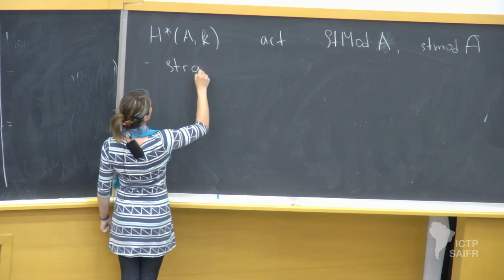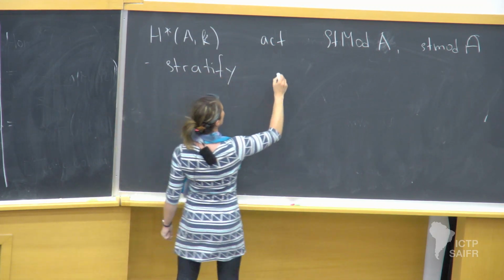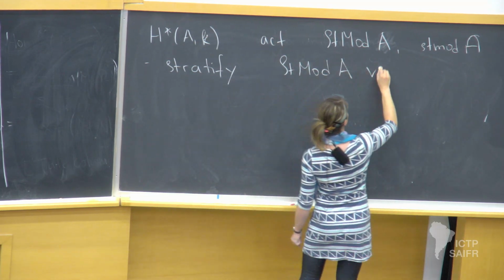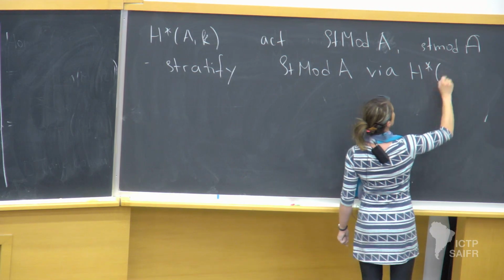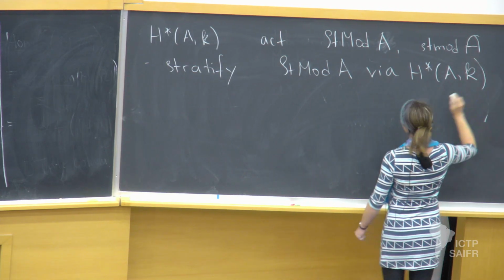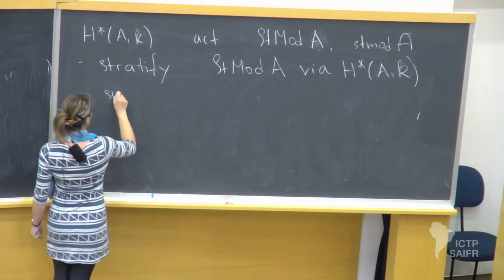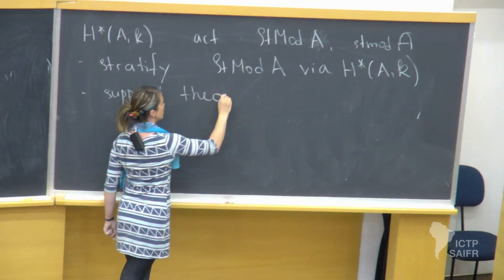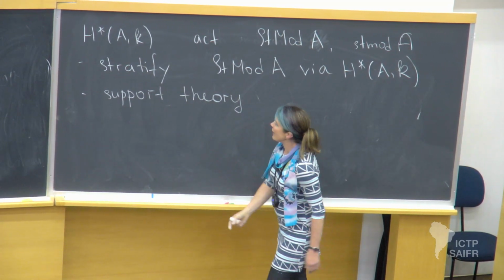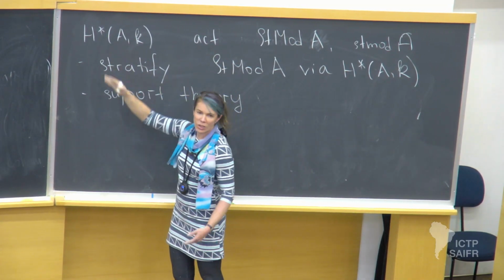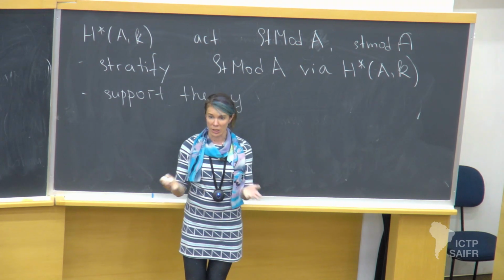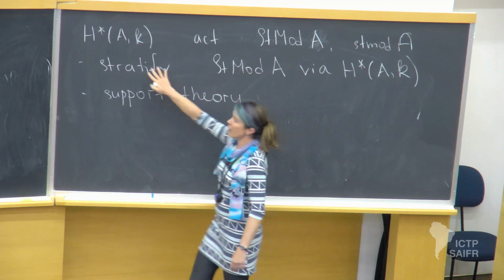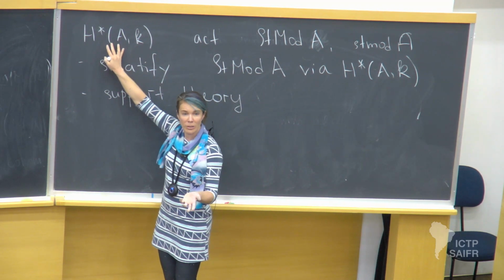So one can try to stratify this category via this algebra. In terms of invariants, one can try to construct support theory. Well, that one can just do. One can look at supports of objects just the way we look at supports of modules or sheaves for a scheme or commutative algebra. In this category here, that will be an invariant, which remembers quite a bit about your module.